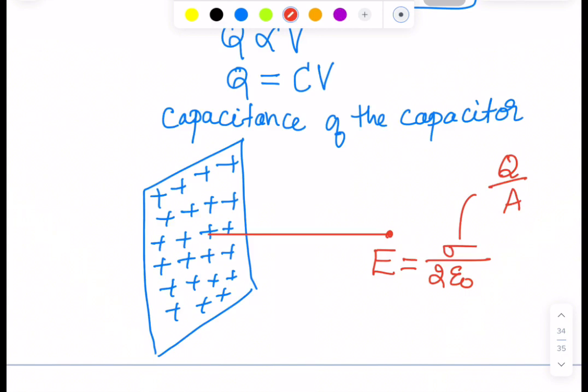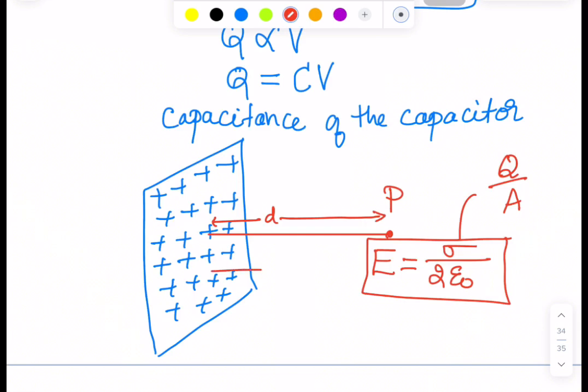Assume that the point P is in air or vacuum. You have derived that the electric field is given by half of sigma by epsilon naught. One more thing you should understand very carefully is that the electric intensity does not depend upon the distance. Whatever the distance of the point P, whether closer or farther, the electric intensity is the same.